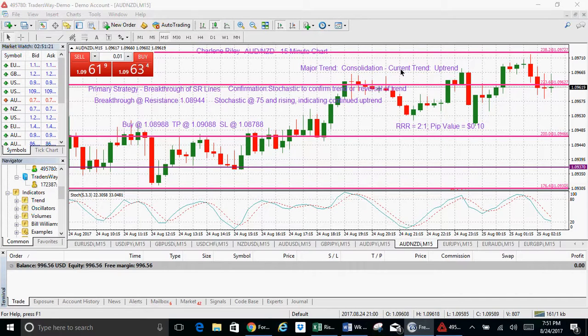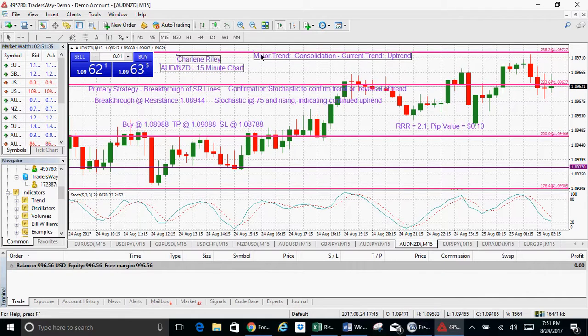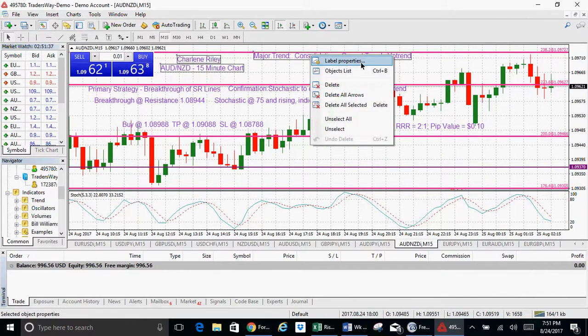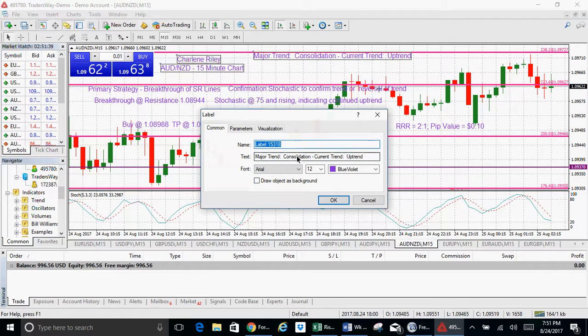So I'll just update that, and I'll note that the major trend is an uptrend, and the current trend is a downtrend.